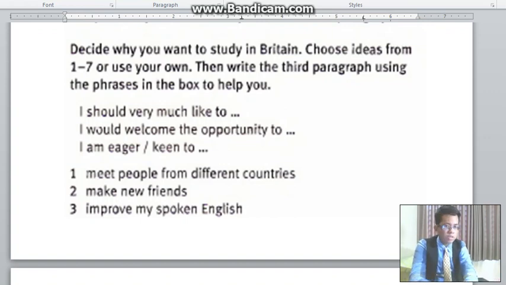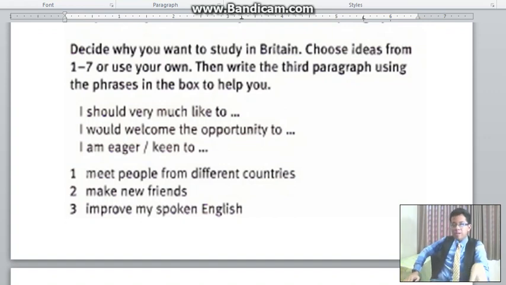Those are some of the key phrases that you can use, and they can be included in your writing in paragraph 3.